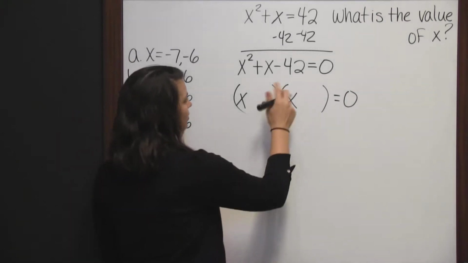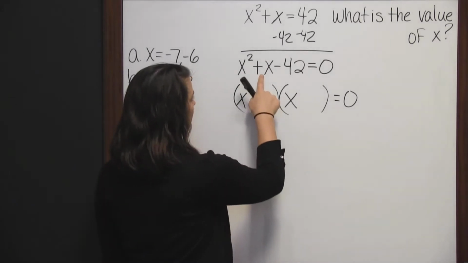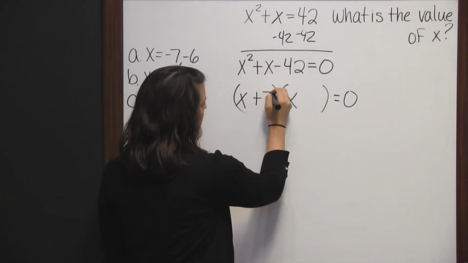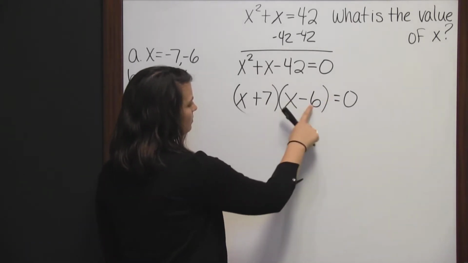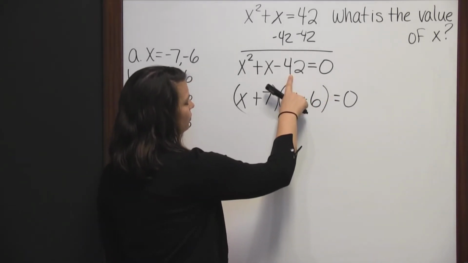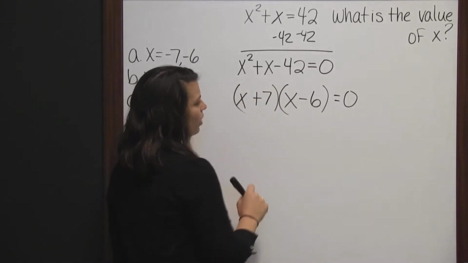And the two numbers that would multiply to give me a negative 42 and add to give me a positive 1 are 7 and negative 6. 7 times negative 6 is negative 42, and 7 plus negative 6 is a positive 1.